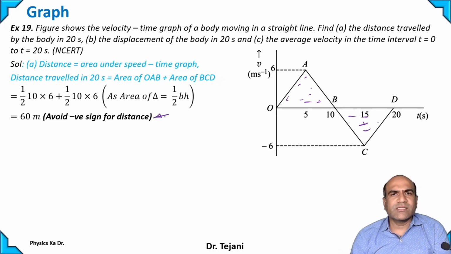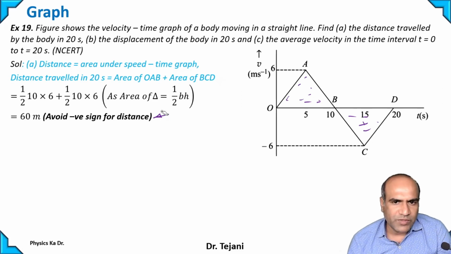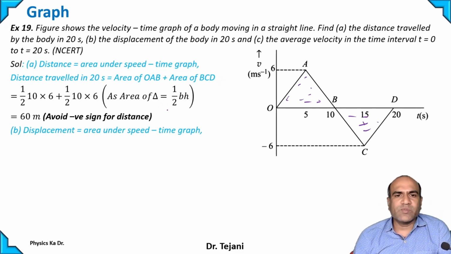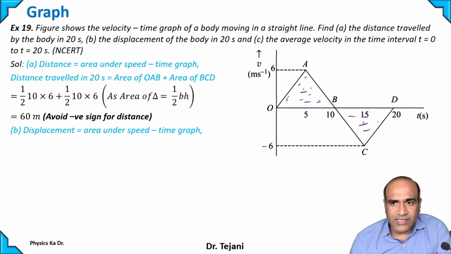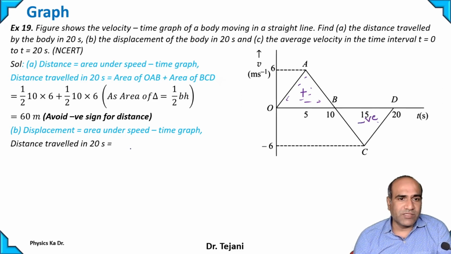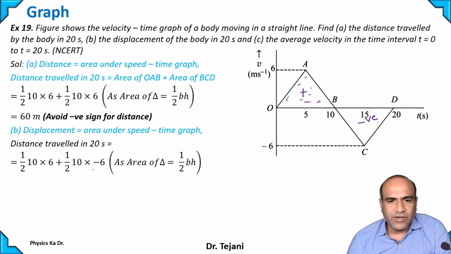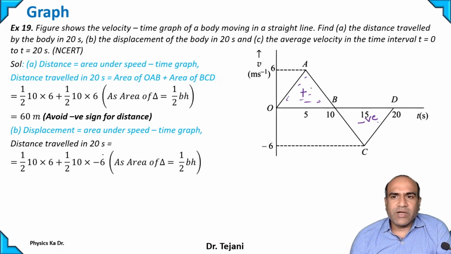For distance, the negative sign is not required, because when we talk about distance, we take total distance. But when there is a question of displacement, we need the area under the velocity time graph. Again we need area, but this area is positive and the other area is negative, so it keeps its sign. So for displacement in 20 seconds, here 1 by 2 and 6 is positive.